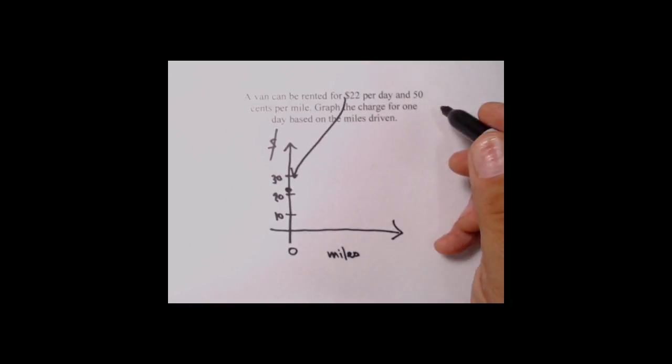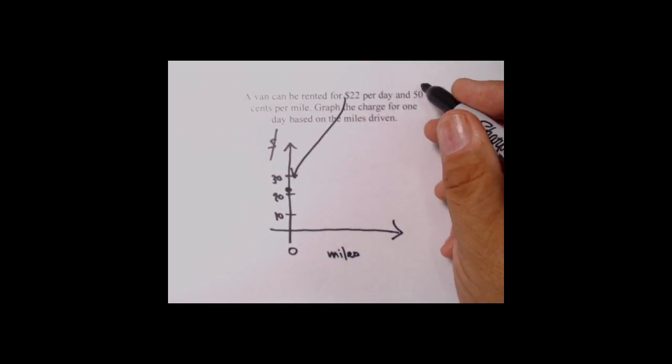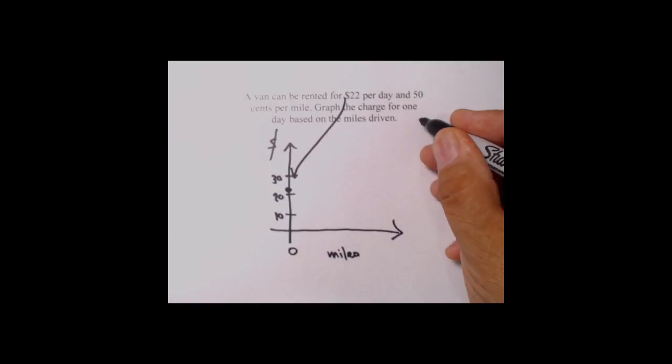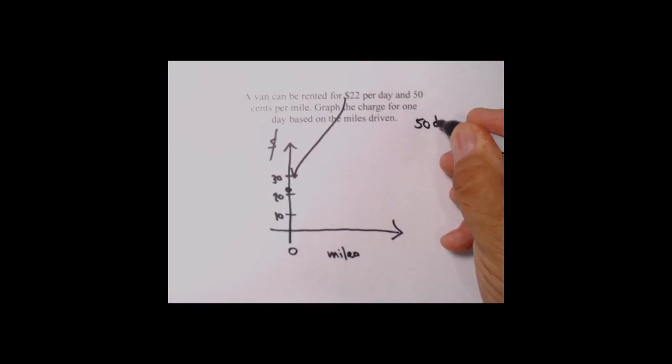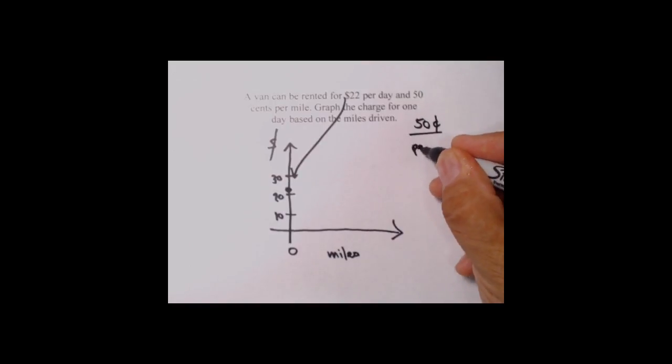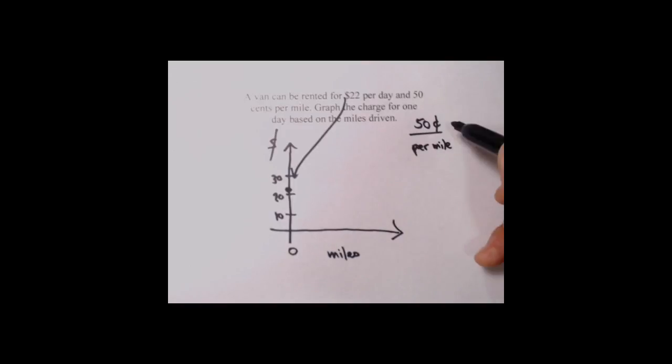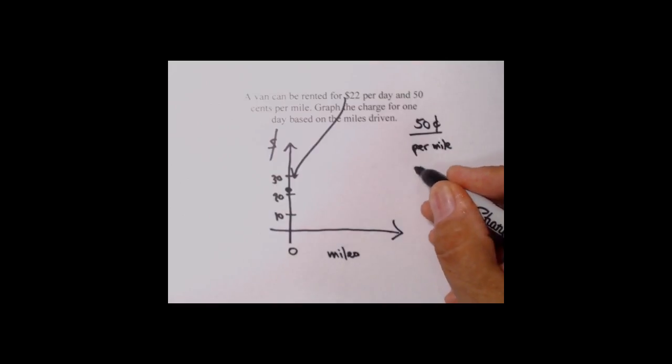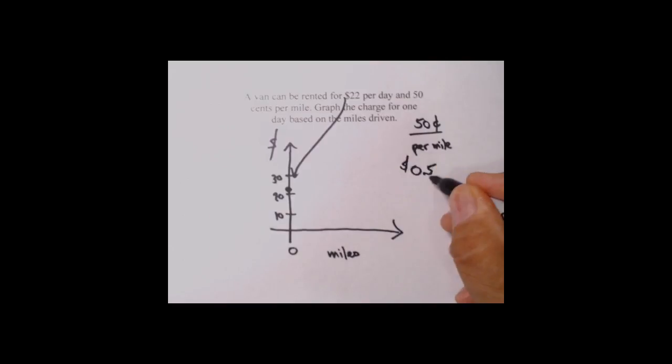Now, the number of miles going here, remember now, the rate is 50 cents per mile. Now, here's one thing you have to watch out for, and that is you got to have the same dollars notation. So this 50 cents per mile has to be changed into 0.5, in other words, half a dollar per mile.